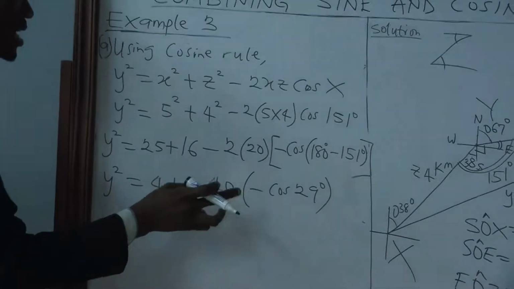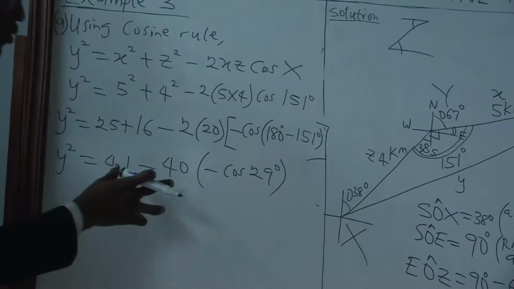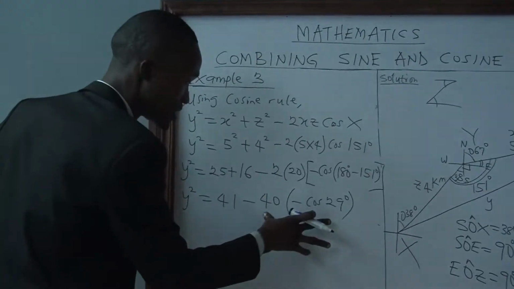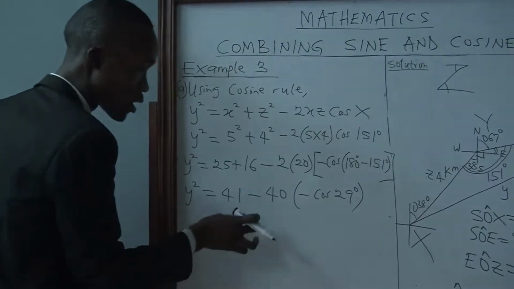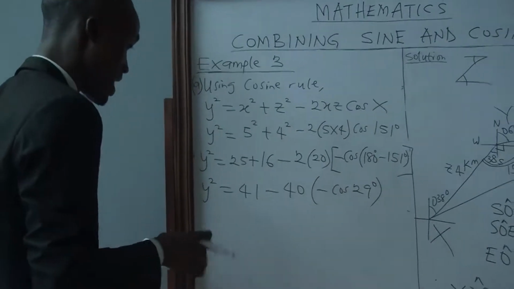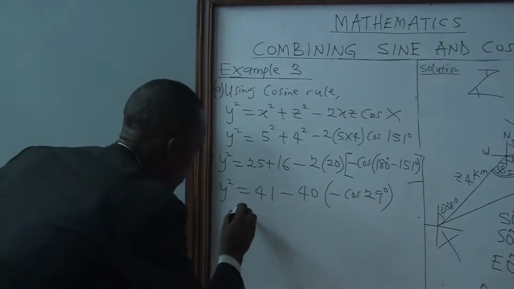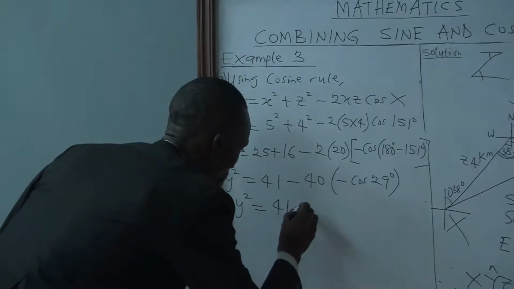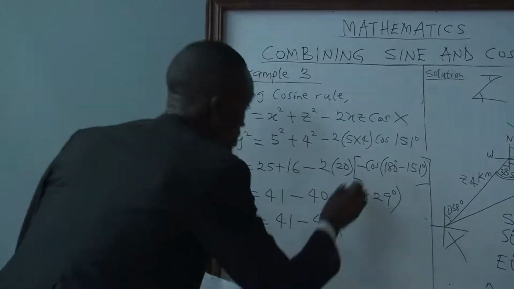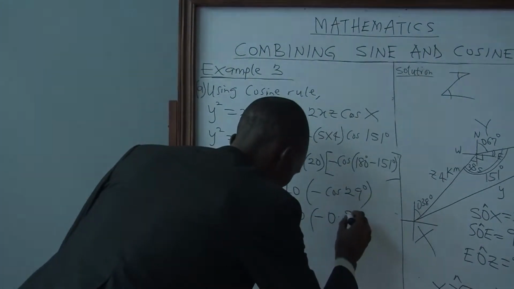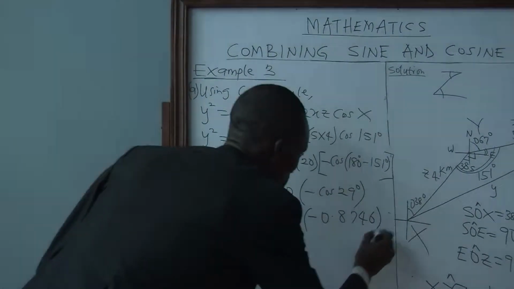We cannot subtract 40 from 41. We have to get the value of cos 29 and multiply the value by 40 before we now combine and simplify, with that minus separating them. So we have y squared to be 41 minus 40. If you check our 4-figure table for cos 29, we have 0.8746.